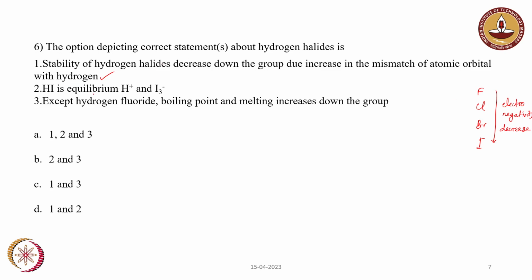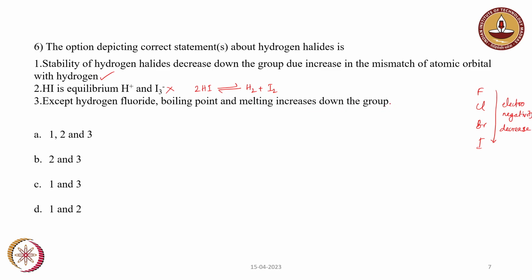Second one is HI in equilibrium is H plus and I3 minus. So the statement is wrong because HI will be in equilibrium with H2 and I2. So 2HI is in equilibrium with H2 plus I2. And the third one is except hydrogen fluoride, boiling point and melting point increase down the group.